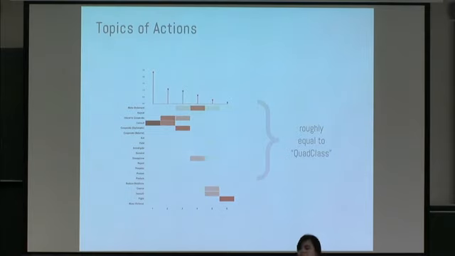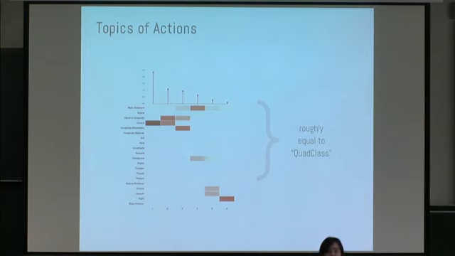We found that there were 6 topics with weights significantly greater than 0. Interestingly, the inferred topics correspond really closely to the quad class action categories. So they're verbal cooperation, material cooperation, verbal conflict, and material conflict. Moving from left to right on this slide, the topics place their mass on increasingly negative action types.